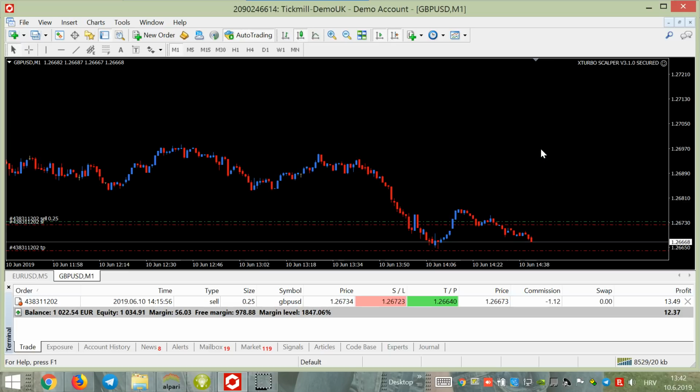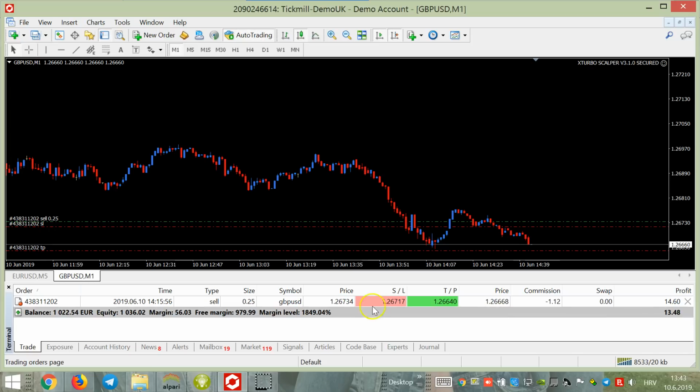We have a live trade on GBP USD. You see we are in the money for $14-15. We trade only with 0.25 lot size, and the trailing stop is opened to protect our profit.